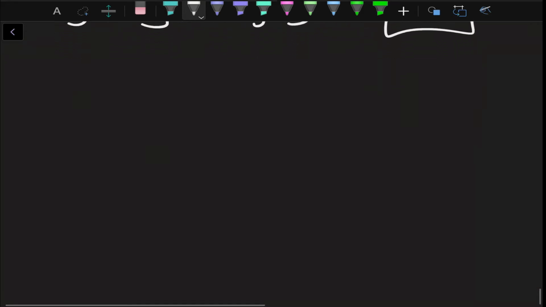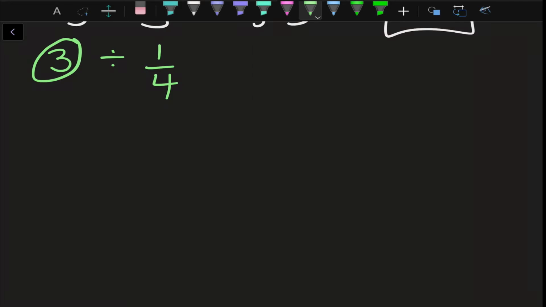Our last example for dividing fractions is kind of the opposite of the last one. We're taking 3 and dividing it by 1 over 4. Now again, just because this one isn't a fraction doesn't mean there's no flipping happening over here. Because we have a fraction, we must flip. So we take this over to the side, 1 over 4 becomes 4 over 1.